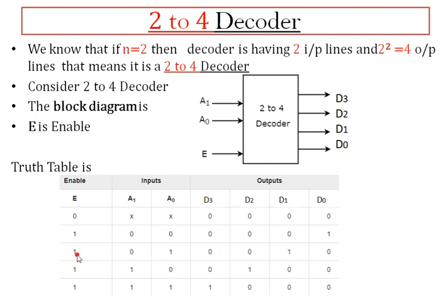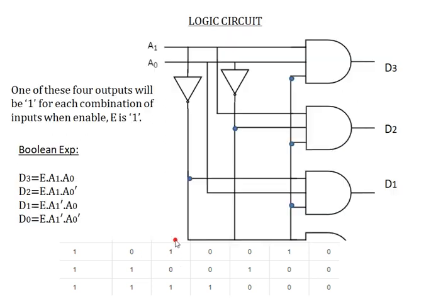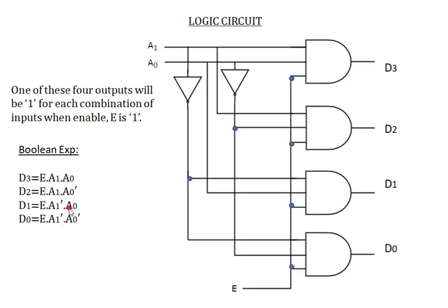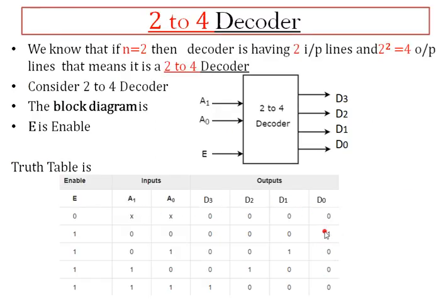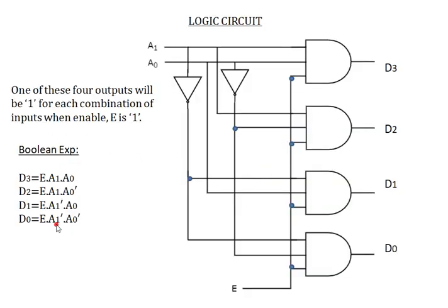D1 is 1 for E 1, A1 0, A0 1, which means E, A1 bar, A0. Similarly, D0. So I have written the D3, D2, D1, D0 Boolean expressions here, and based on these Boolean expressions, this is the logic circuit I have drawn.